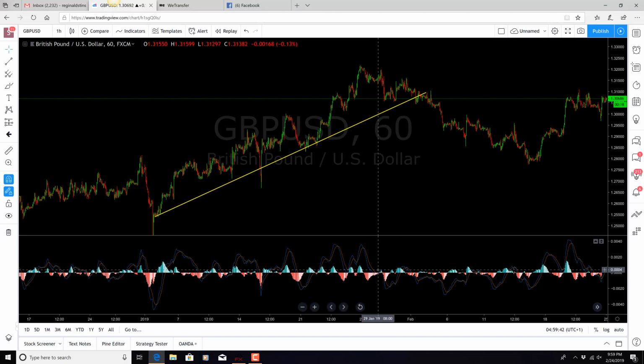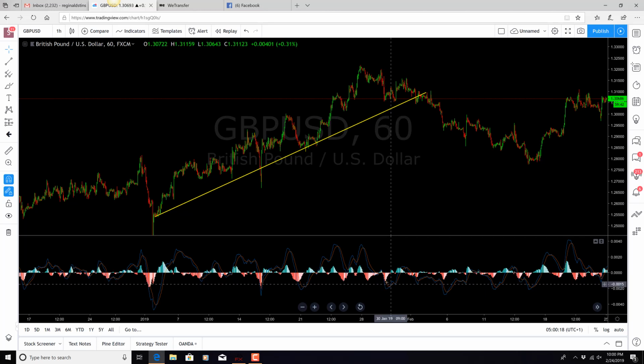Number one, whenever the red and blue lines are above the volume bars, the market is in an uptrend. But as soon as they cross below, and by volume I mean this reddish pink and teal colored bars, it's in a downtrend.